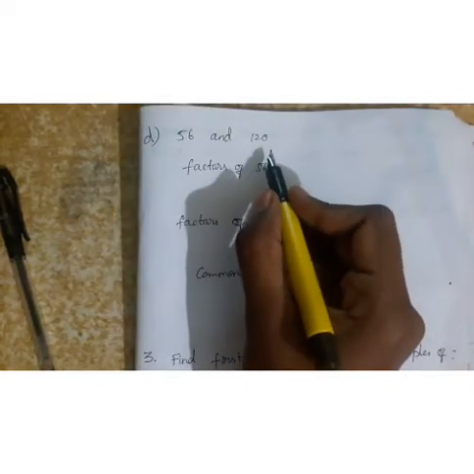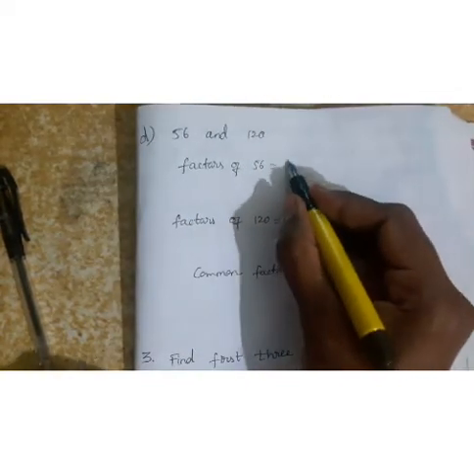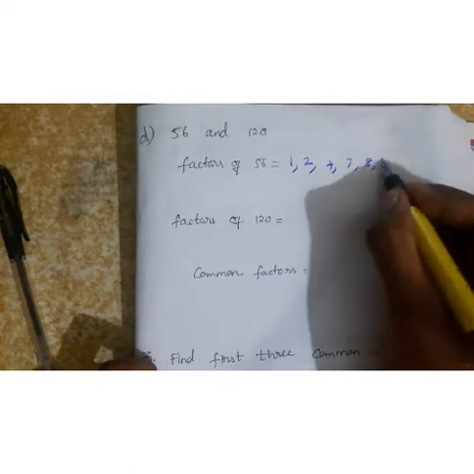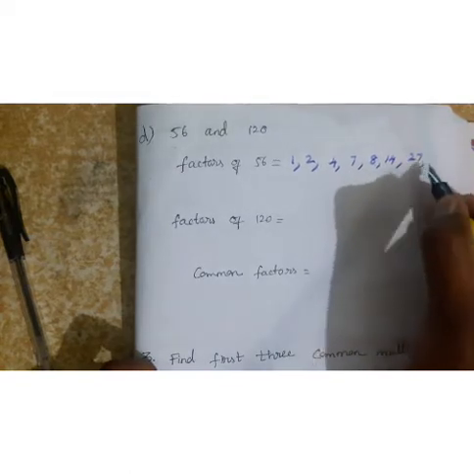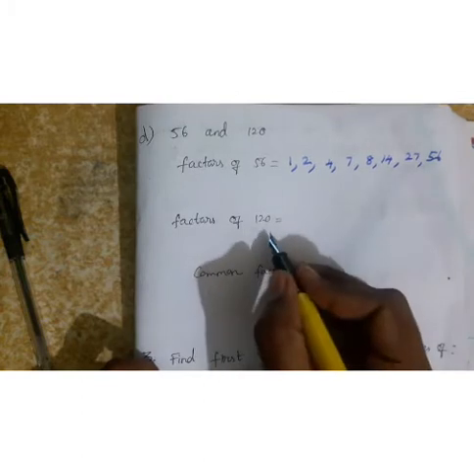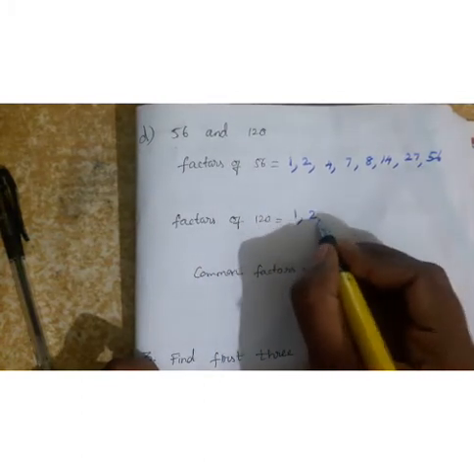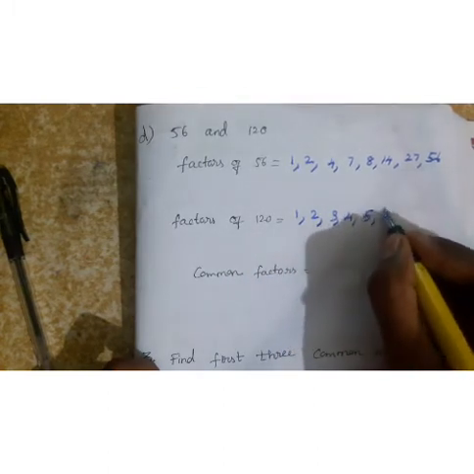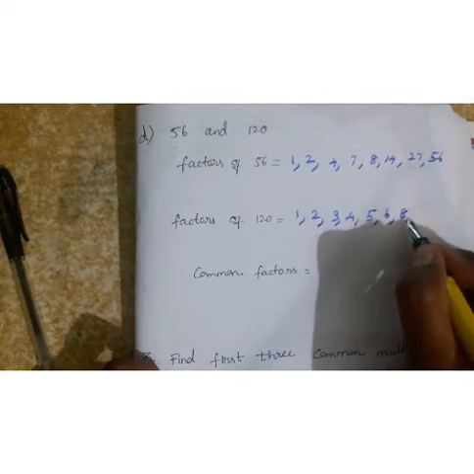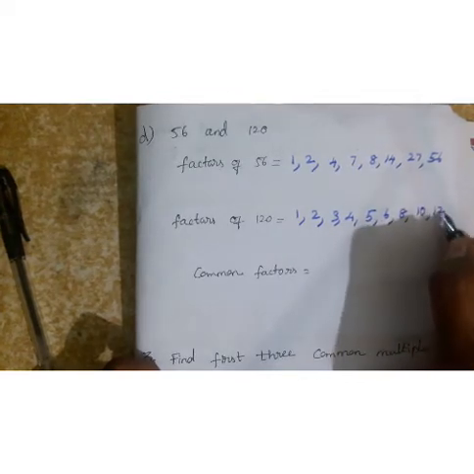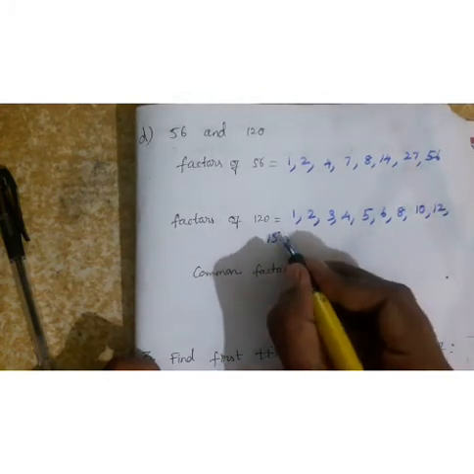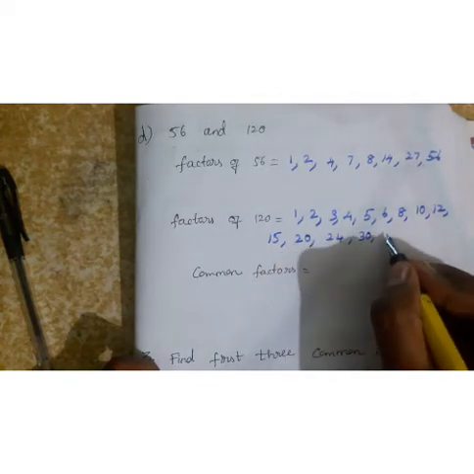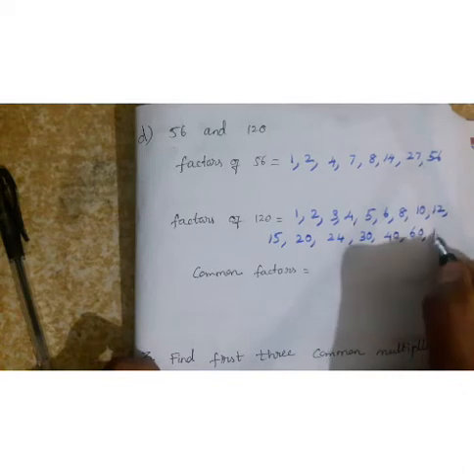D part, 56 and 120. Factors of 56 equal to 1, 2, 4, 7, 8, 14, 28, 56. Factors of 120 is equal to 1, 2, 3, 4, 5, 6, 8, 10, 12, 15, 20, 24, 30, 40, 60, 120.